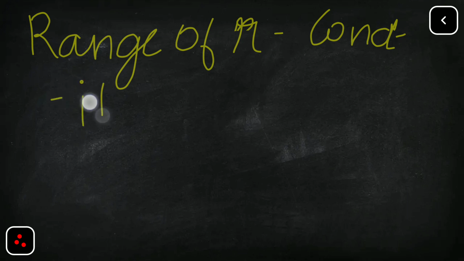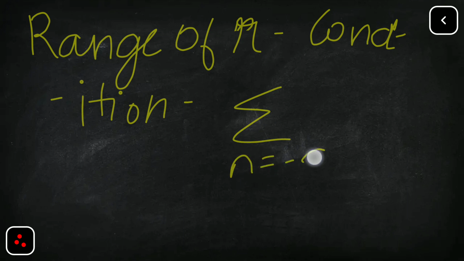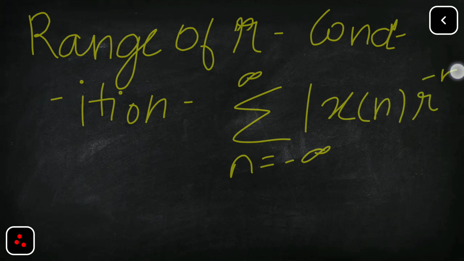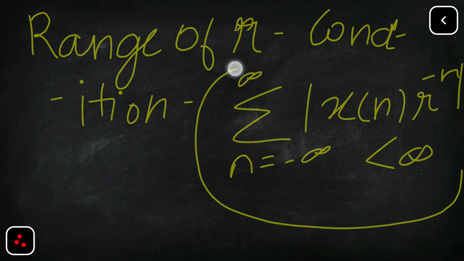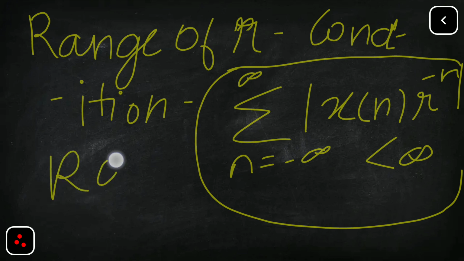So what is the condition? The condition is the summation of n equal to minus infinity to infinity, modulus of x of n into r to the power of minus n, that is less than infinity. So the range of r for which this condition is satisfied is my ROC, right? Yes, this is my ROC.